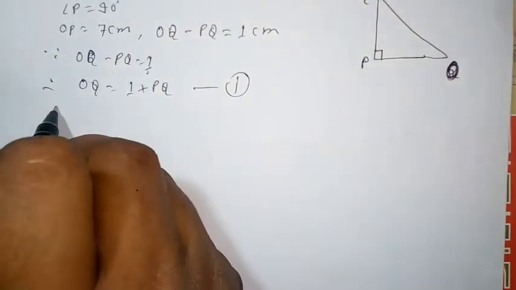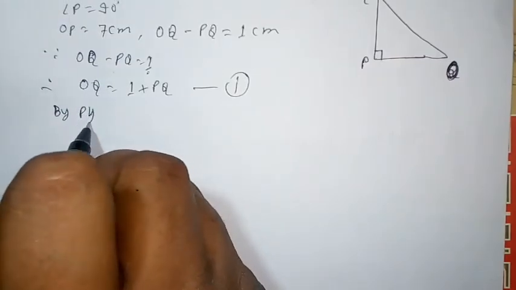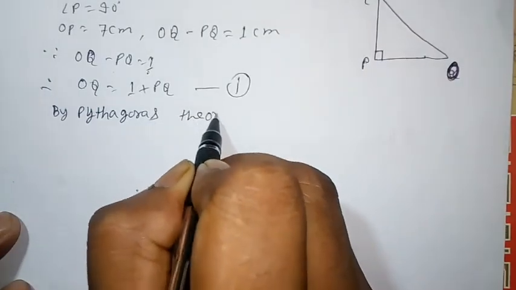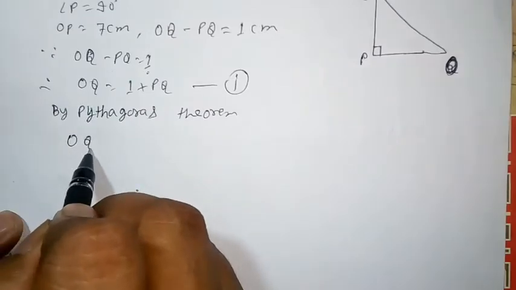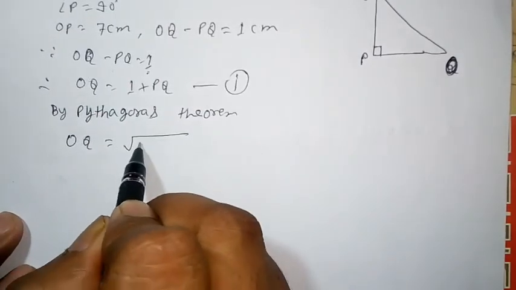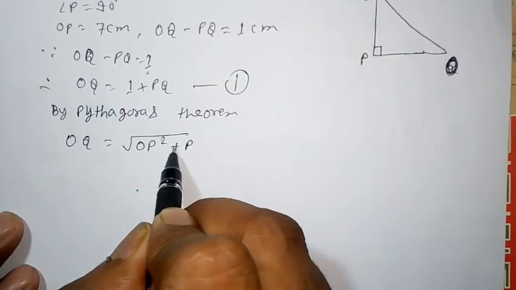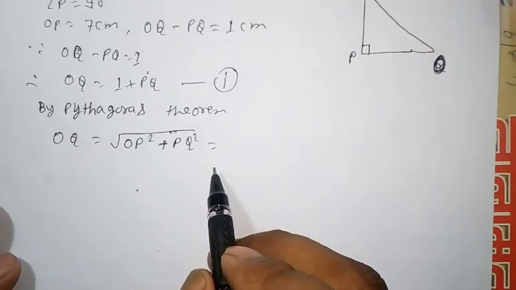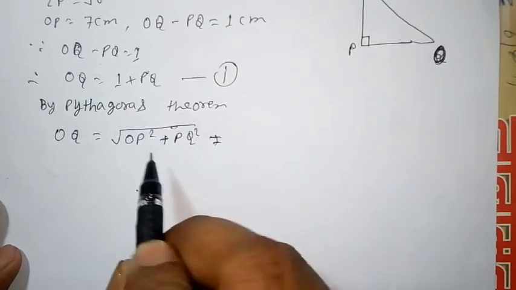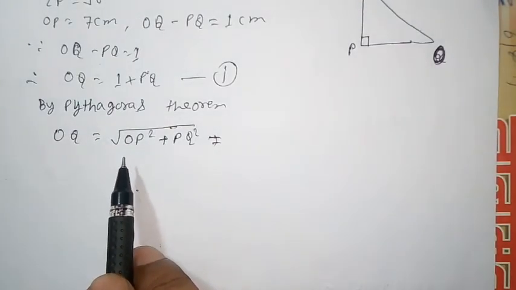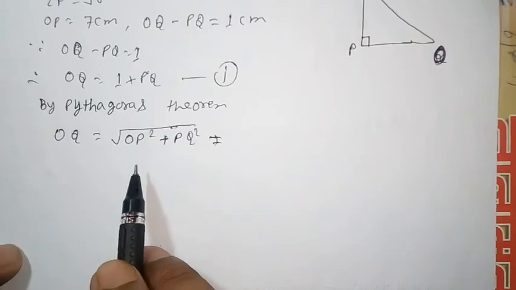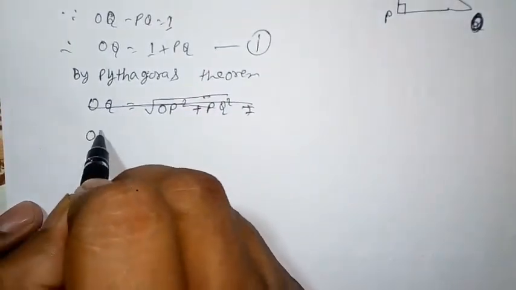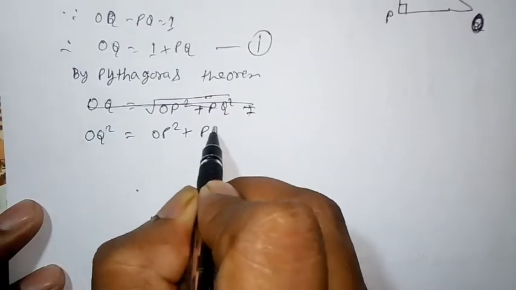By Pythagoras theorem, OQ square is equal to OP square plus PQ square.